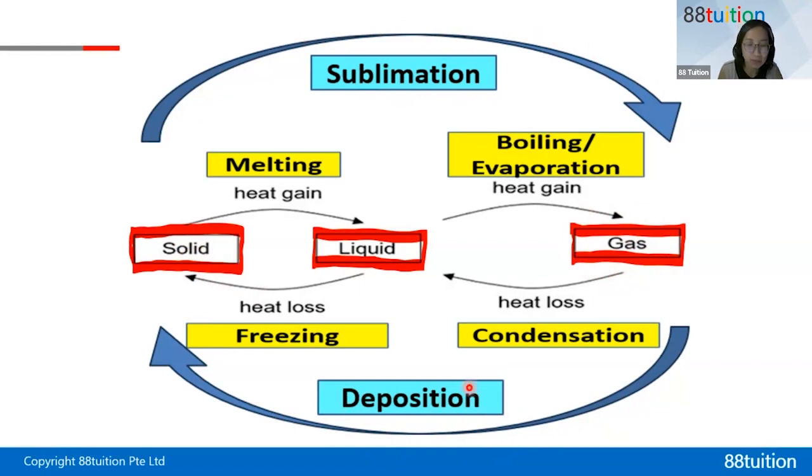By the way, for the yellow boxes, anyone who finds it hard to remember melting, boiling, evaporation, condensation, freezing, let me know. Anybody who always gets mixed up, don't know freezing is what state change to what state, condensation is what state change to what state? Let me know. There's a memory aid if it helps you.